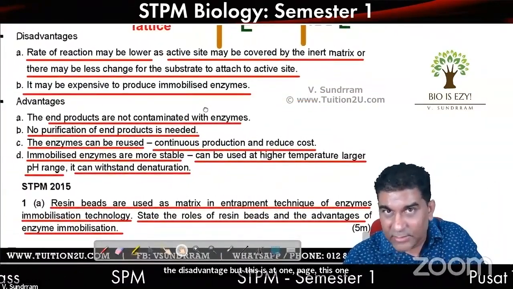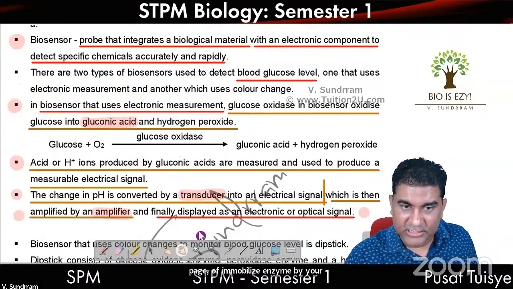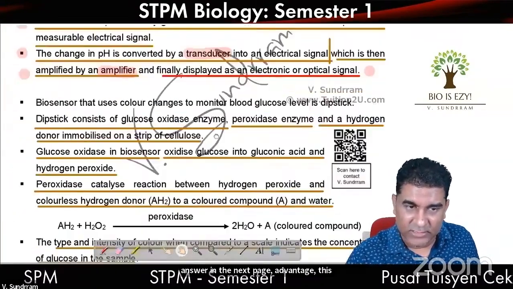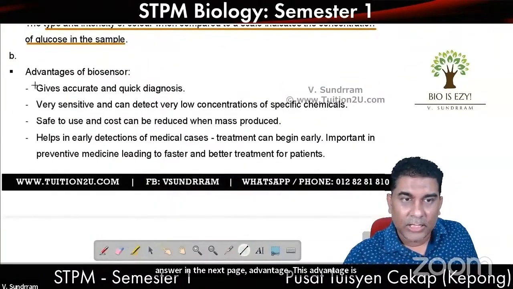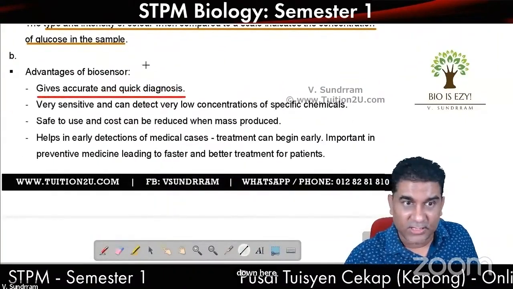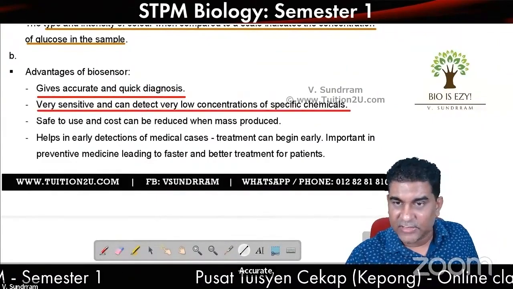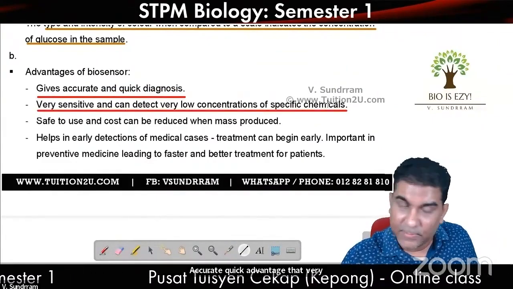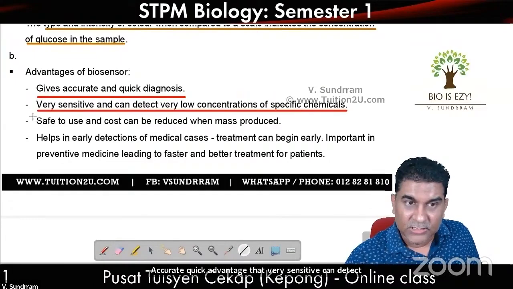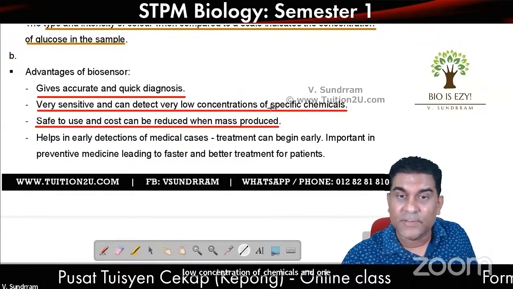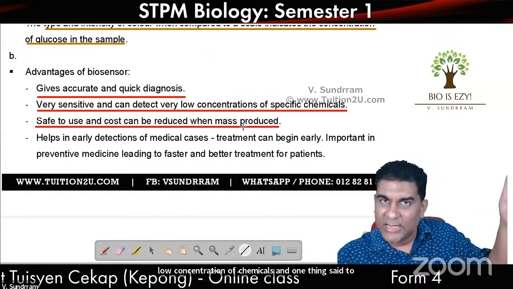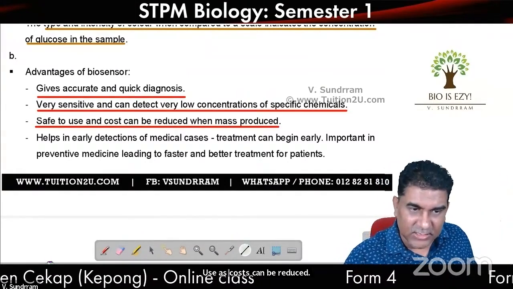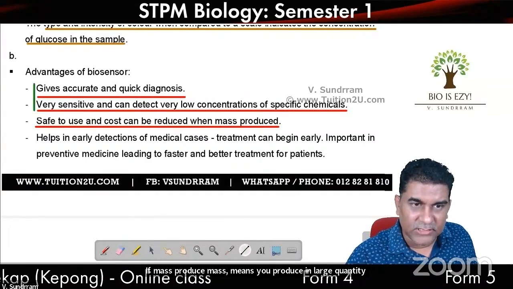Biosensors have their own answer on the next page. Advantage, disadvantage, down here. Accurate, quick, advantage. Very sensitive, can detect low concentration of chemicals, advantage. Safe to use, and cost can be reduced if mass produced. Mass means you produce in large quantity. All of these are the advantages.